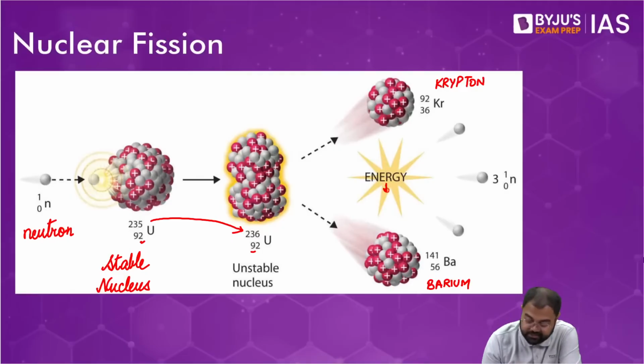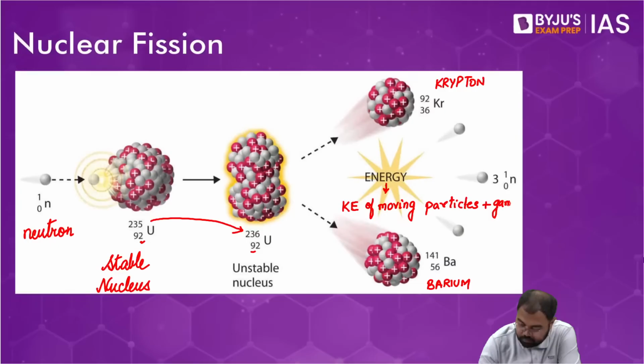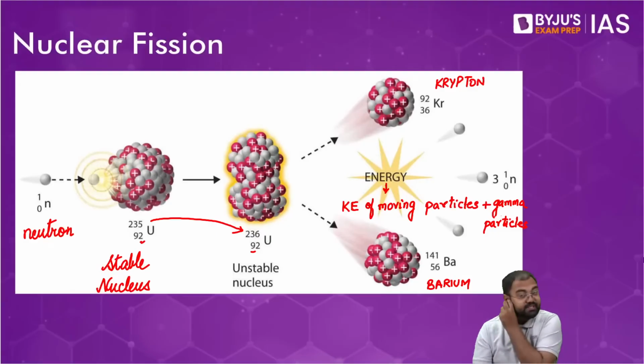This energy basically comes from the kinetic energy of the moving particles plus gamma radiations or gamma particles, let's say. So that is where all this energy is coming from.